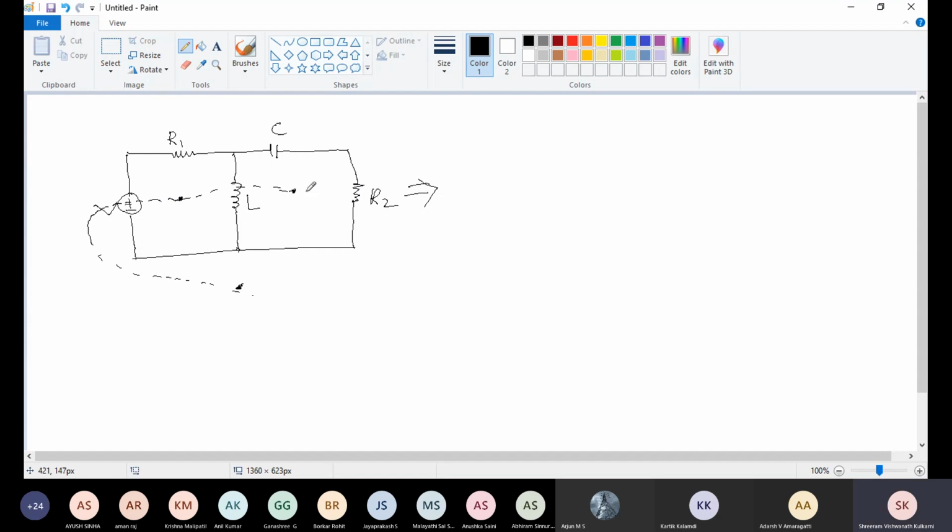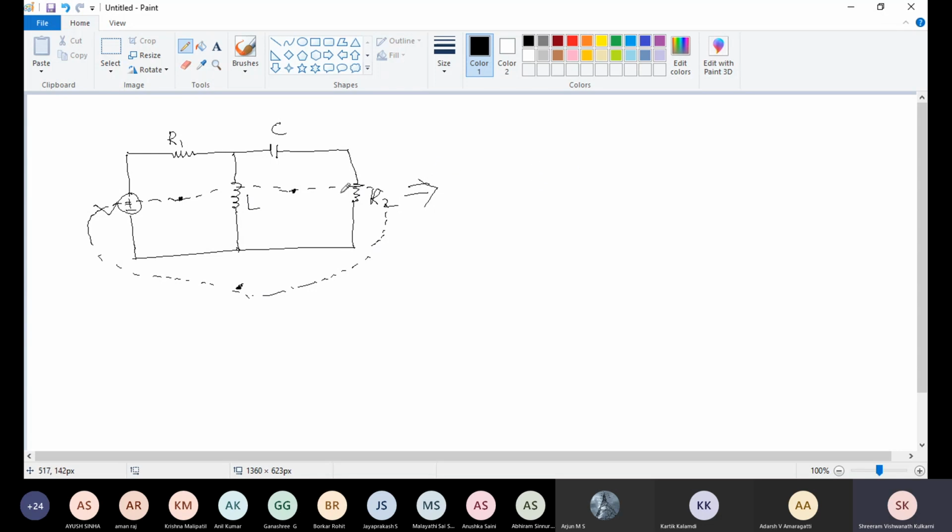Same here also. Fine. Now you can see these branches will form the branches connecting the independent nodes.